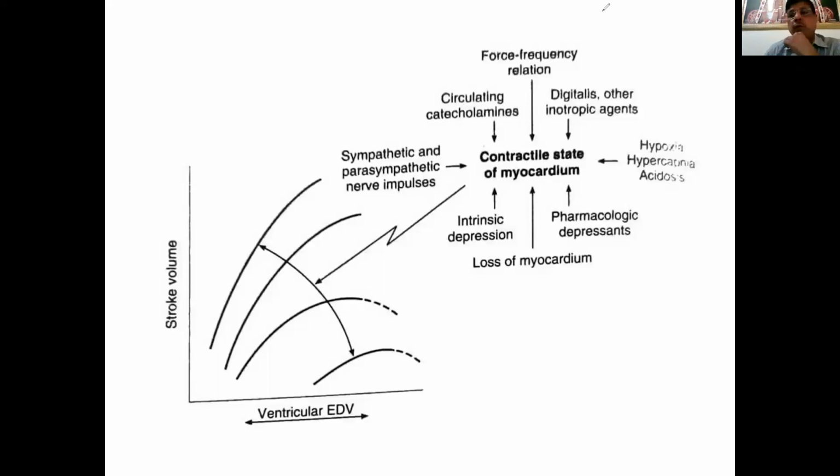You can write homometric regulation of cardiac output and write this as Frank-Starling's family of curves.